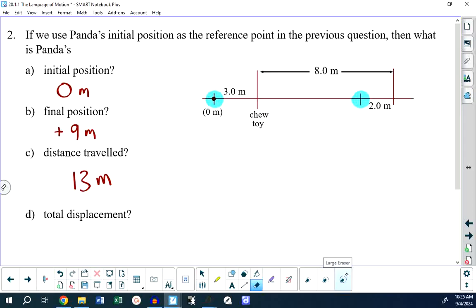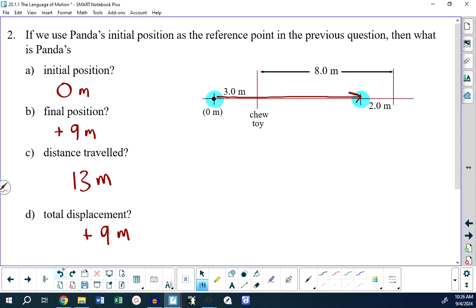It's just she's walked 13 meters. So what's her total displacement? Well, her total displacement is where she ends up compared to where she started. Well, she started here and she ends up in that position, so that's a total displacement of positive 9 meters.